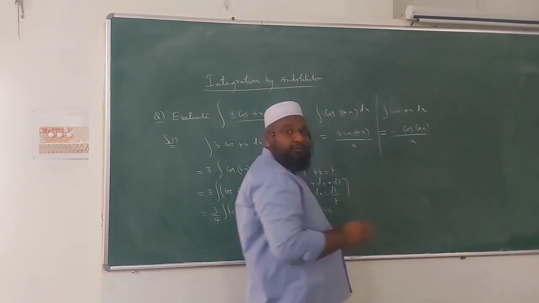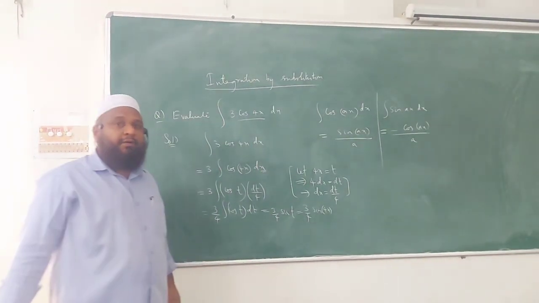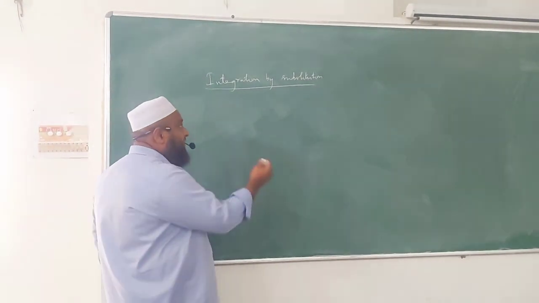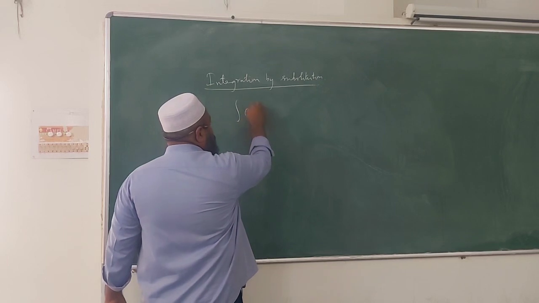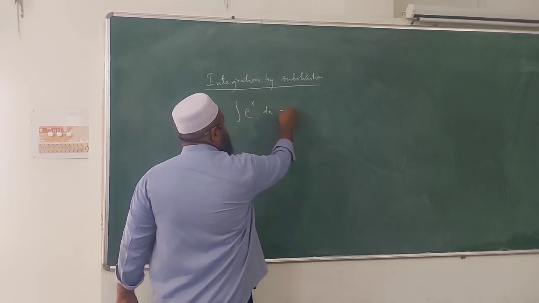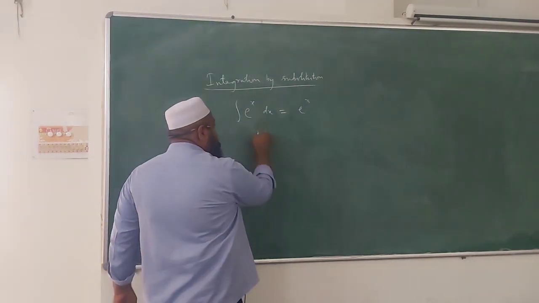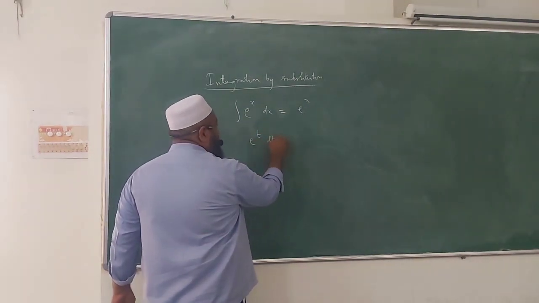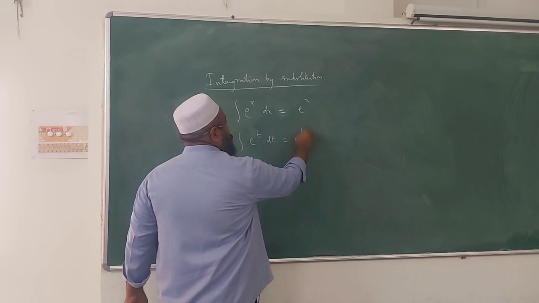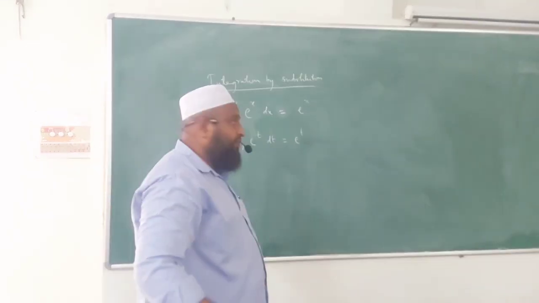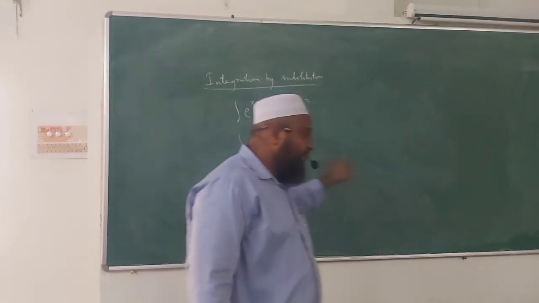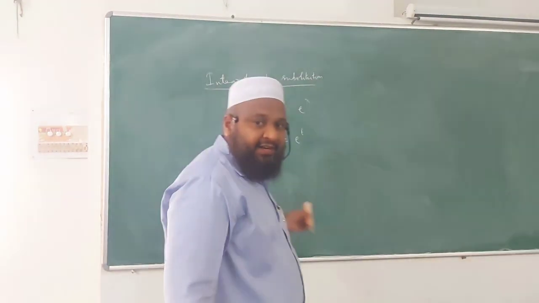Okay. Now we discussed earlier, integral of e to the power of x dx is equal to e to the power of x. If t comes in the place of x, we have e power t. There is no issue with this one. Whatever name of the variable is there, that same variable name will appear on the right hand side.